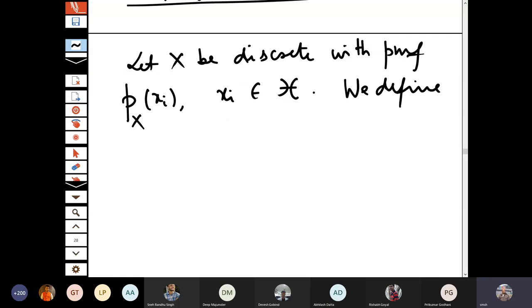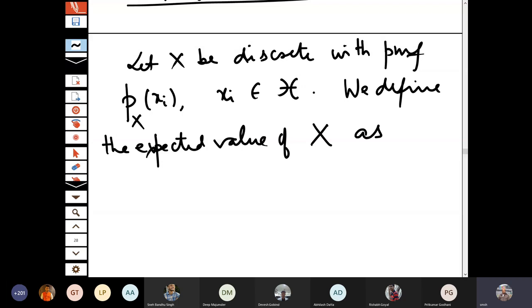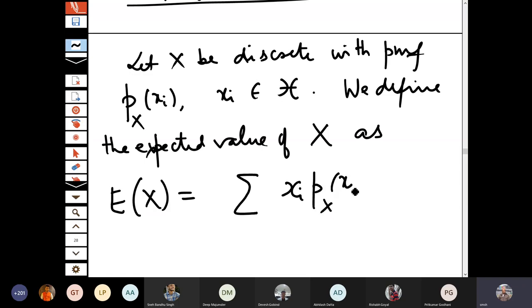We define the expected value of X as the expectation of X. So this is the notation. It is the sum of x_i times p(x_i).